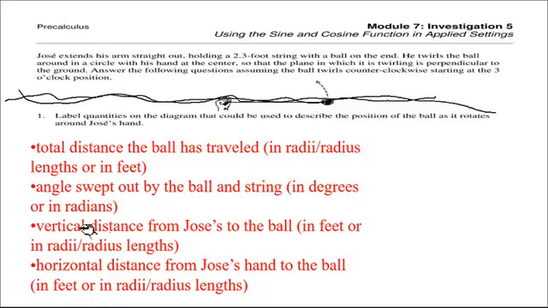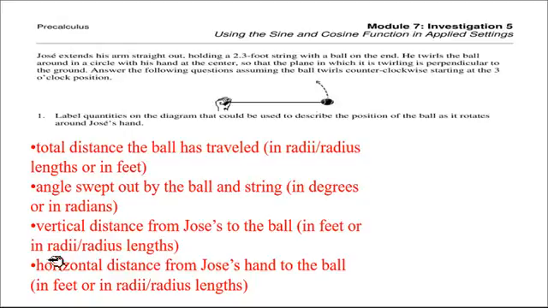And then for this last bullet, they say horizontal distance from Jose's hand to the ball. It might have been better if they said horizontal distance from the vertical line on which Jose's arm lies here, right? If the ball were here, then they're describing this distance.